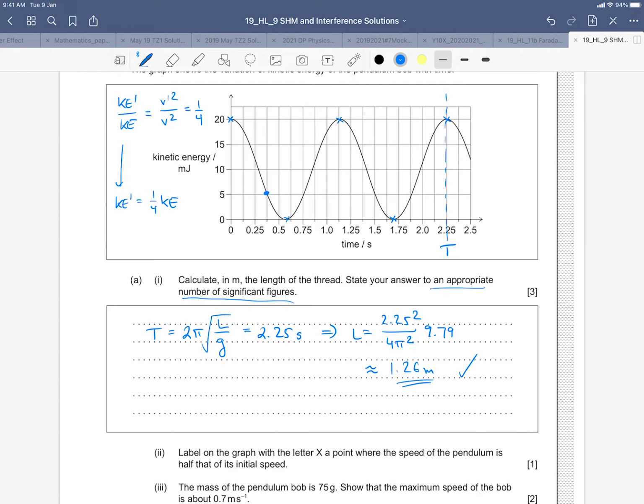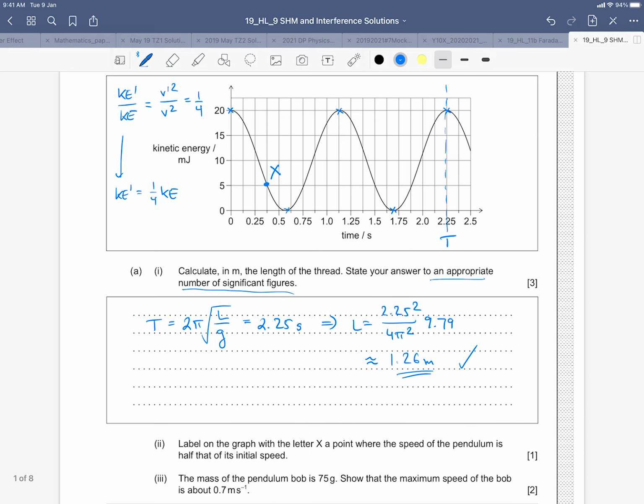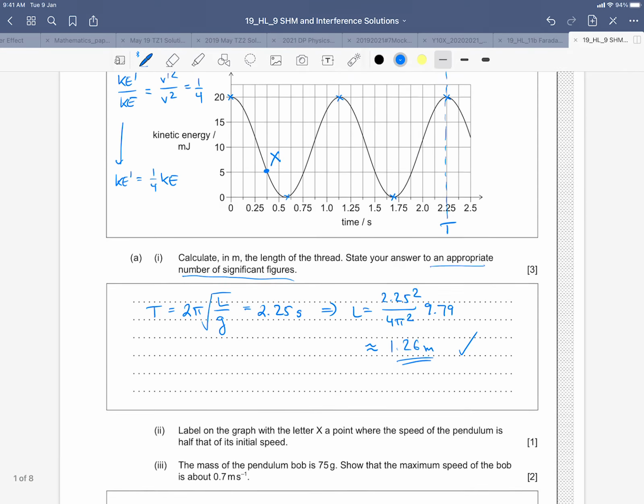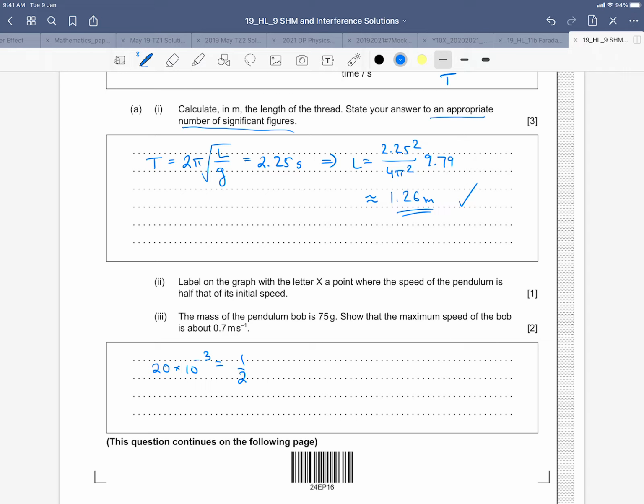Okay. The mass of the pendulum bob is 75 grams. Show maximum speed is about that. Okay, so we can read off it has maximum speed when it has maximum kinetic energy, of course. So 20 millijoules is maximum kinetic energy, which is when the speed is maximum. Then we can rearrange that to get this. 0.075 kg.